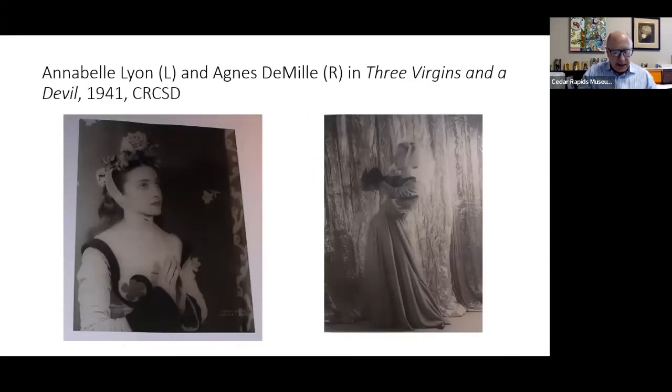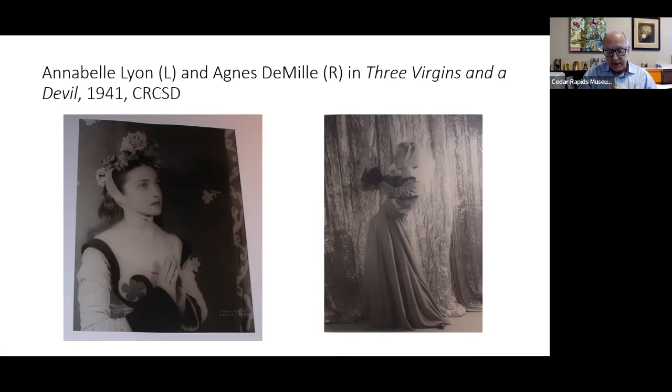Here, Annabelle Lyon and Agnes de Mille, both as characters in Three Virgins and a Devil. Annabelle Lyon was an American ballerina. She was a principal dancer for the American Ballet Theatre. Her repertoire included classical as well as contemporary works by the company's founders, Anthony Tudor and Agnes de Mille.